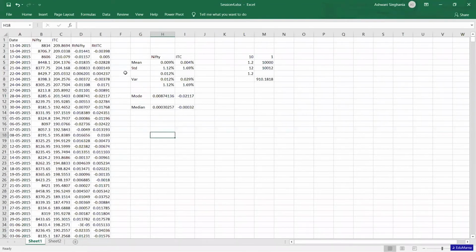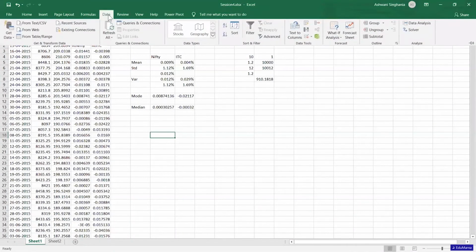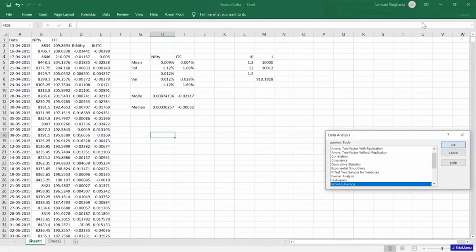So now we are going to look at some more statistical tools. Most of the statistical tools we are going to find under Data Analysis. These are the list of statistical tools that we can use, for example ANOVA, single factor. We are not going to discuss all of them. We are going to use a very selective few, because ANOVA is itself a very big topic, and studying ANOVA will take another 2-3 classes, which you can learn in our statistics course as well.